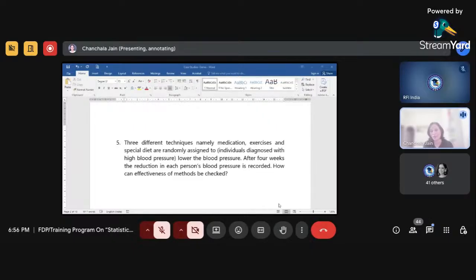To some of them, we can ask to go for the exercises. Some of them can be asked to go for the special diet plan, right? And that way, their blood pressure on a particular day we can note down, and that way you can get the means of the different groups and compare them. So it is possible using ANOVA only. One way. Is it clear? Yes, ma'am.